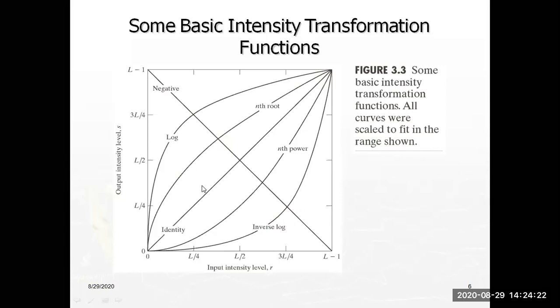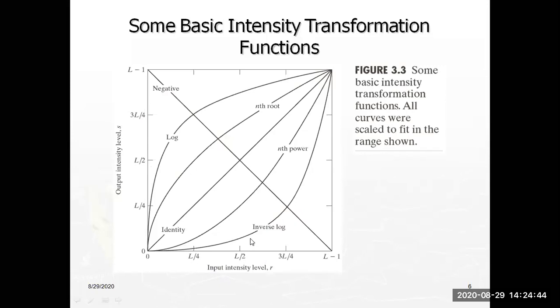That depends upon your neighborhood pixel values. It can be changed. Okay, just for showing purpose. For displaying purpose only, we are showing 0 to L minus 1, and the levels L by 4, L by 2, 3L by 4, L minus 1.